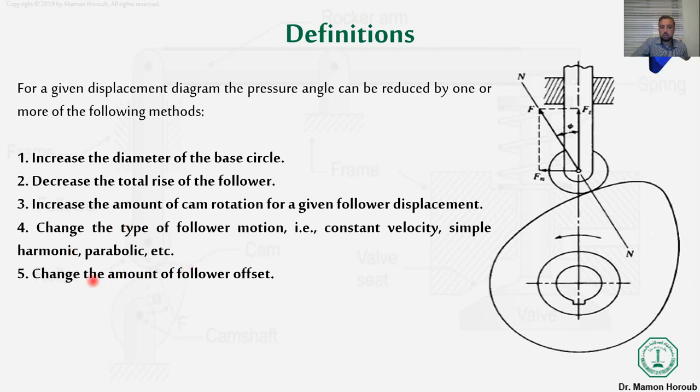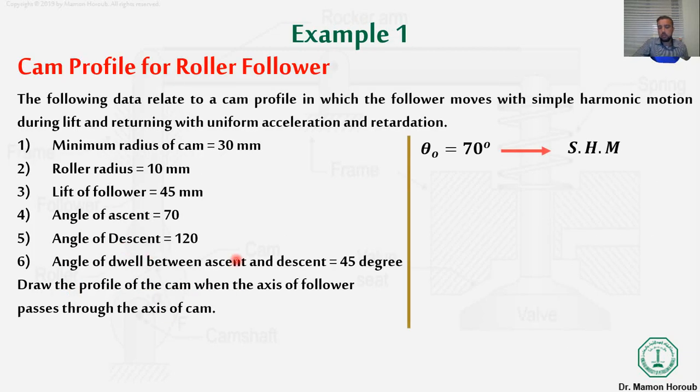You can follow those five to change the amount of phi and decrease it to less than 30, so you will have more force generated from the cam to the follower.